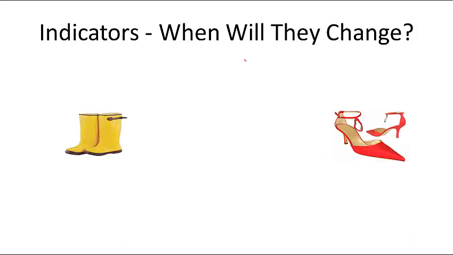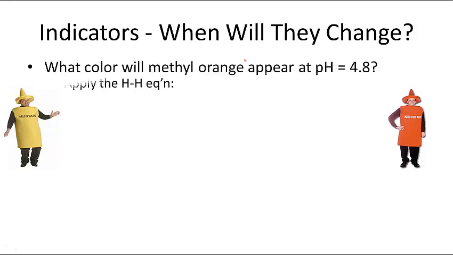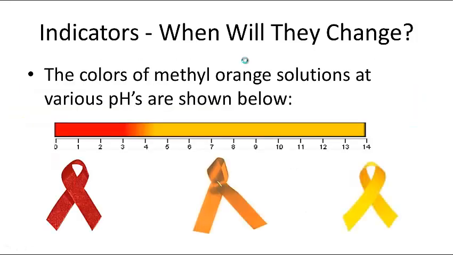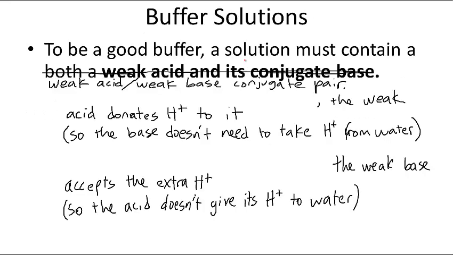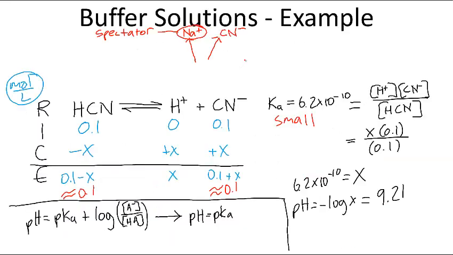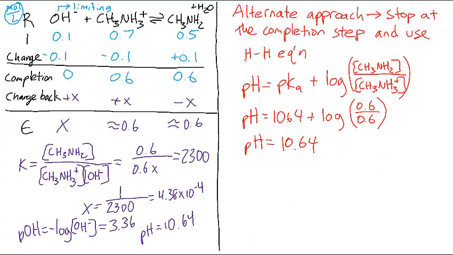So the question is, do you still have to do the RICE chart first? Yeah, I mean, you want to keep track of, if you send it to completion, what happens to the concentrations of each thing. Now, some people may be able to do that in their heads. So some of you may be able to say, oh, I'm going to lose 0.1 molar of CH3NH3+, and I'm going to gain 0.1 molar of CH3NH2.